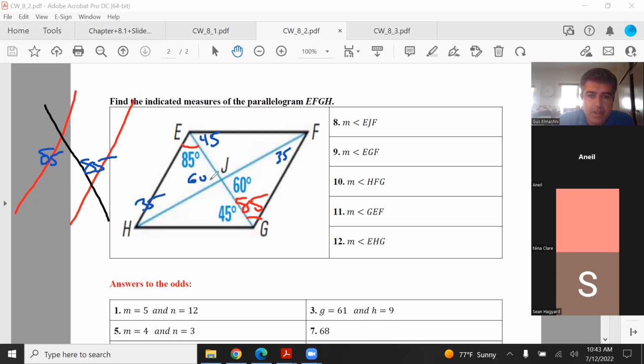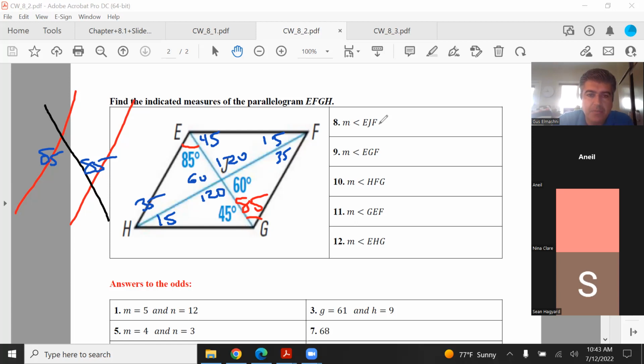And what else I got? If that's 60 and that's 60, this is 120. And that's 120. Right? Because 60 and 120 add up to 180, forming a linear pair. Therefore, this is 15. And that's 15. All angles add up to 180.